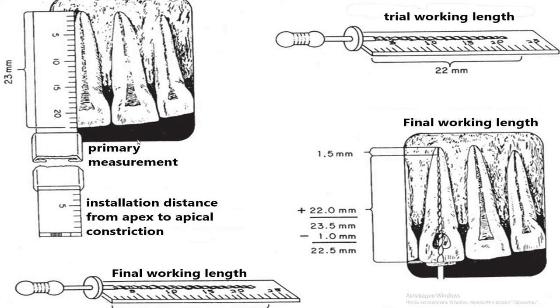In the slide we see primary measurement, installation distance from apex to apical constriction, trial working length, final working length, and how we know about that, and the measuring tool.